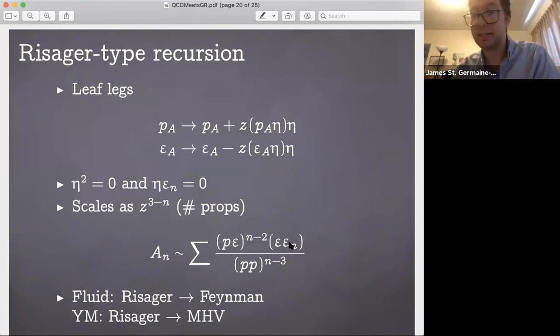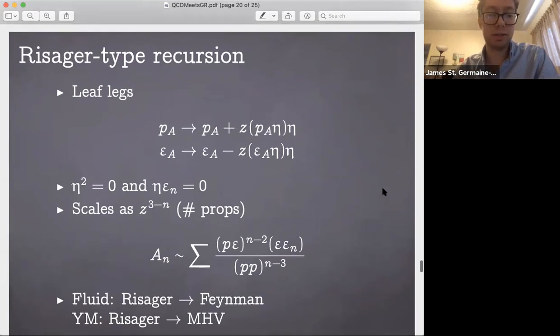That is, e dot e is z independent. p dot e is z independent because there's this sign difference. So this only picks up poles when you have poles from Feynman diagrams. So this is just going to reconstruct Feynman diagrams for you. And it's sort of cute that a Risager shift for this non-abelian fluid will essentially give you Feynman diagrams, where for Yang-Mills, the Risager shift gives you the MHV decomposition.